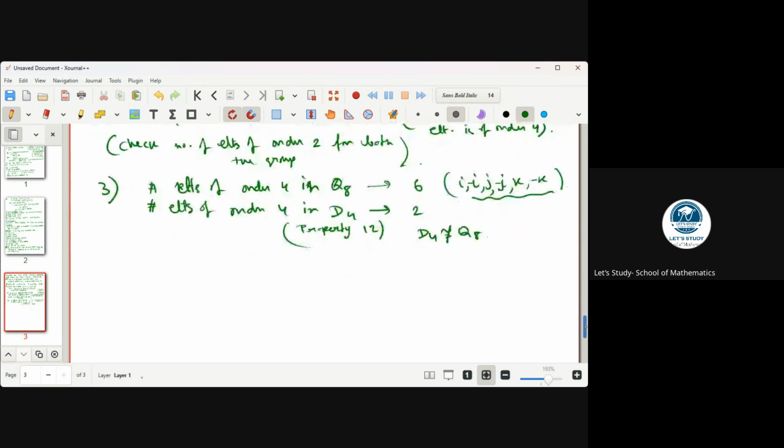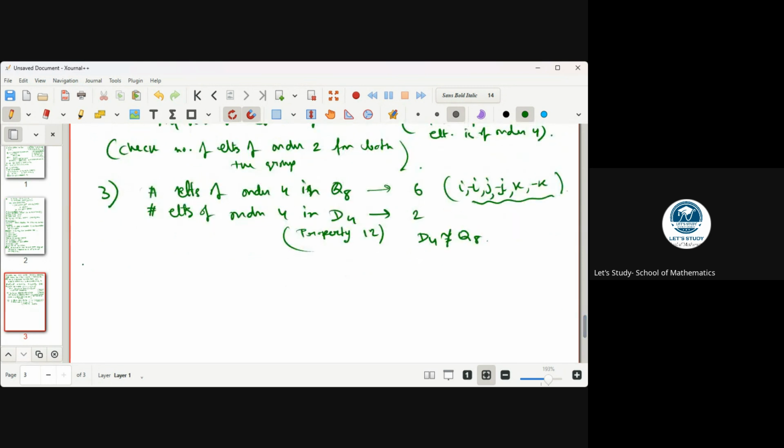Okay, so let me discuss the structure of D2n. We write it like this: Dn or D2n. Most exams clarify this notation, and otherwise it can be readily understood from the question. What does it mean?